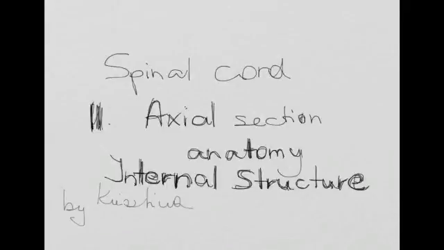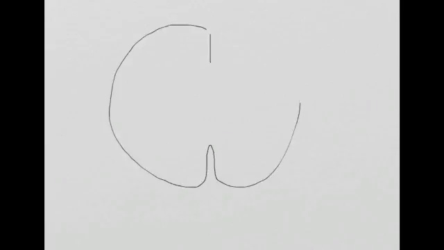This video will demonstrate the axial section of the anatomy of the spinal cord to describe the internal structures. A general cross-section of a spinal cord would look something like this.